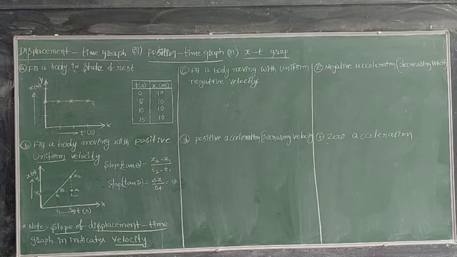Very important for 1 mark. Now this is uniform. If the line is like this in a displacement-time graph, that is uniform velocity.